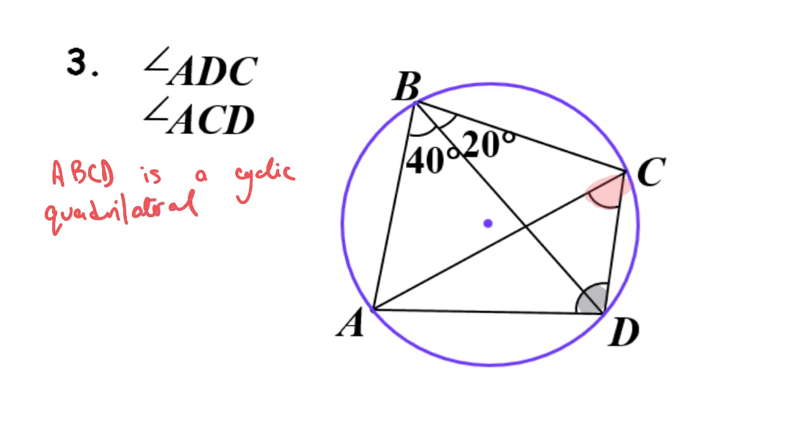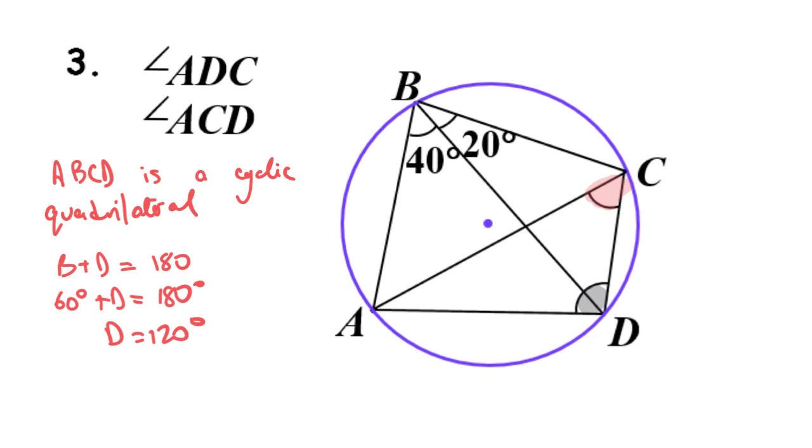So opposite angles add to 180 degrees. So that means that B plus D must equal 180 degrees. The full angle at B is 60 degrees. So D must equal 120 degrees.